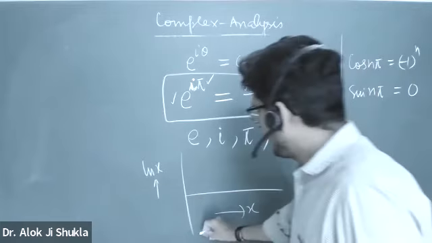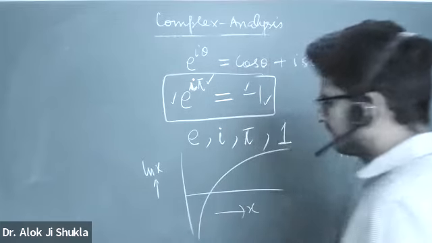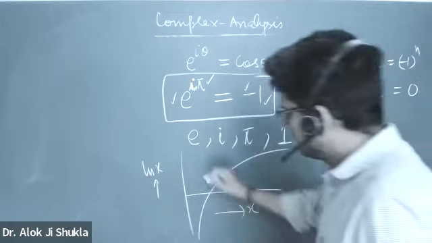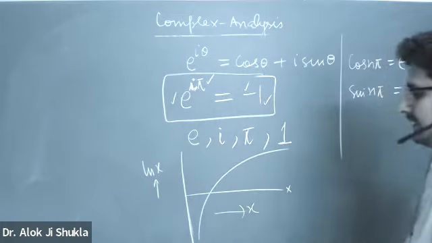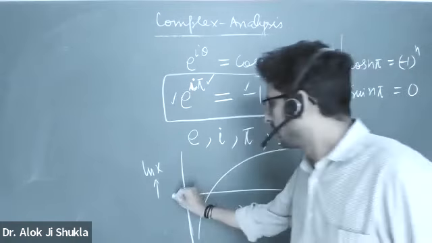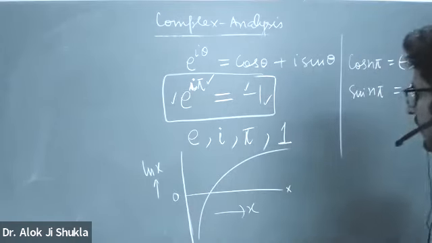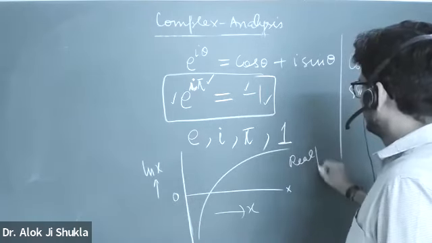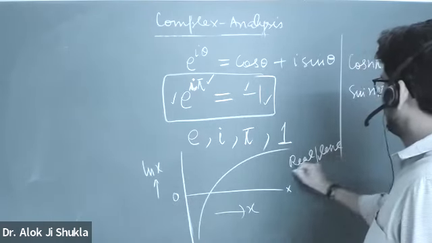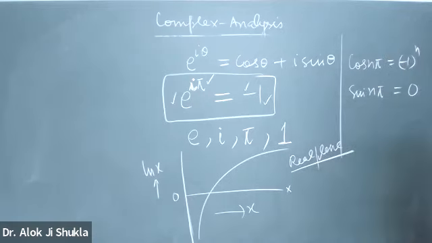We always plot it like this, right? We always plot on the positive side of the x-axis for log. Why? Because this is the real plane. Everything on this plane is real.